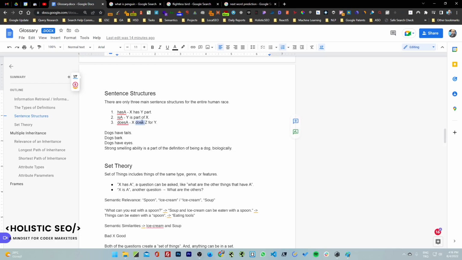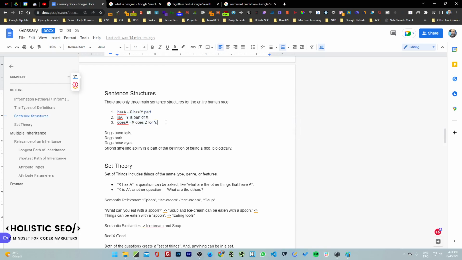You can replace this does with swimming, with barking, with flying, or with running. But still, it means that something is doing something. So any sentence that you can create in your entire life, and any sentence that you have created until now, all of them are under these three main sentence structures.